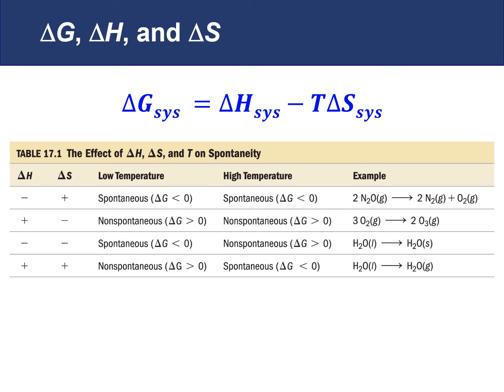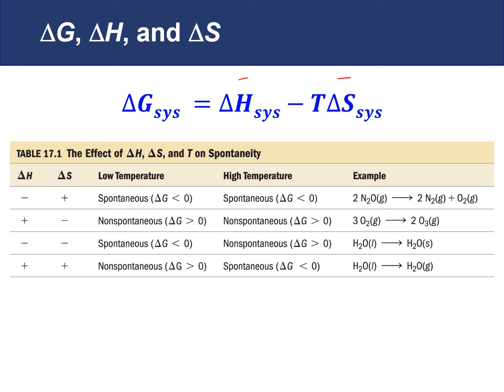So if we take an example of the third one where they are both negative, if H is a negative value and S is a negative value, then what would make G negative? Well, we have two conditions: either low temperature or high temperature. When I'm doing this myself, I like to use the extremes for temperature.